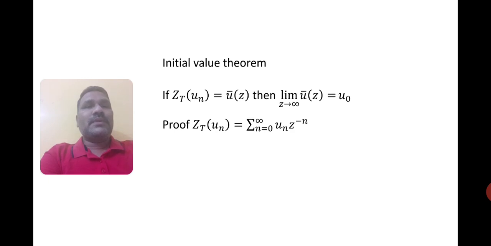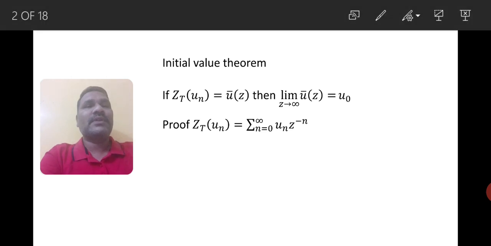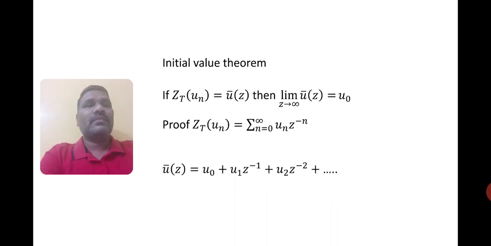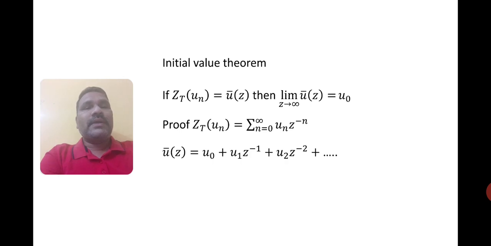Now to prove this one, let me define once again the z transform. Z transform is equal to the summation n equal to 0 to infinity of u_n z to the power minus n. Now when I substitute the summation values, first I put n as 0, so I get u naught.